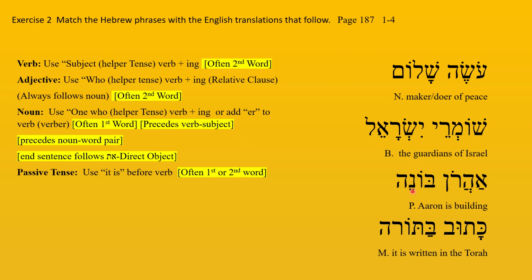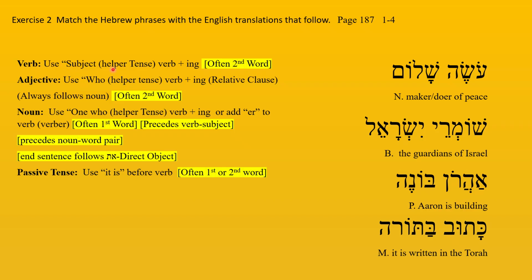Acharon boneh. All right. So remember, there's your participle, boneh. You know that acharon is a noun, and following a noun, often the second word, begin thinking, all right, maybe that's the verb of the sentence.